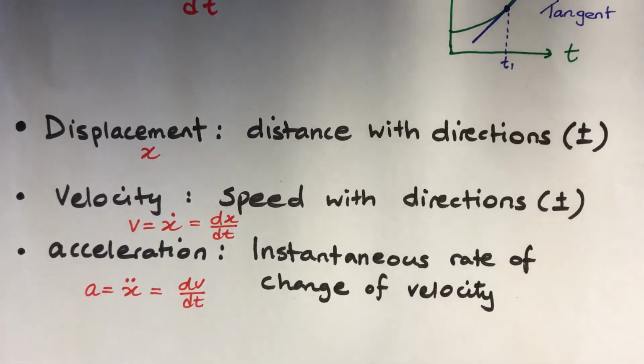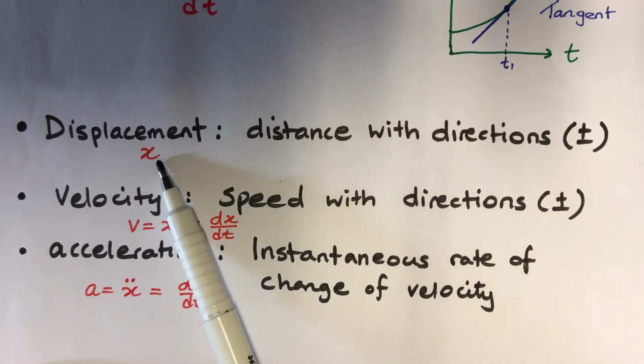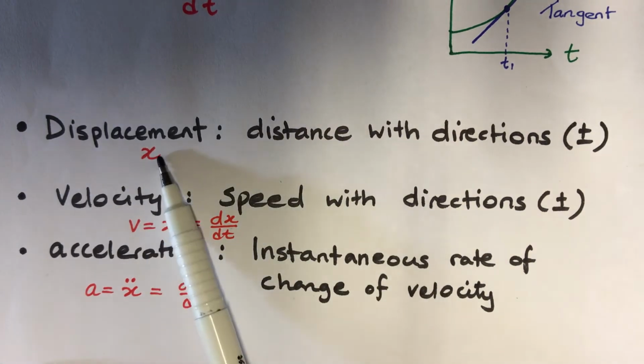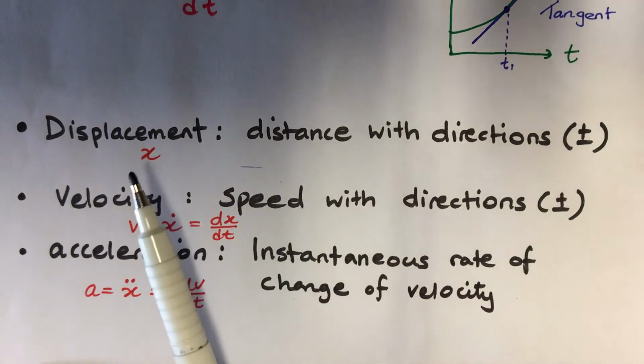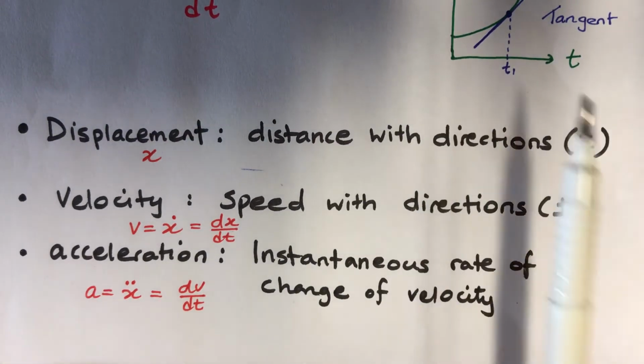Going to the right is positive velocity, going to the left is negative velocity. Now, be careful with the notations. x is no longer the x-axis, it's displacement, which is distance, which is actually the y-axis.